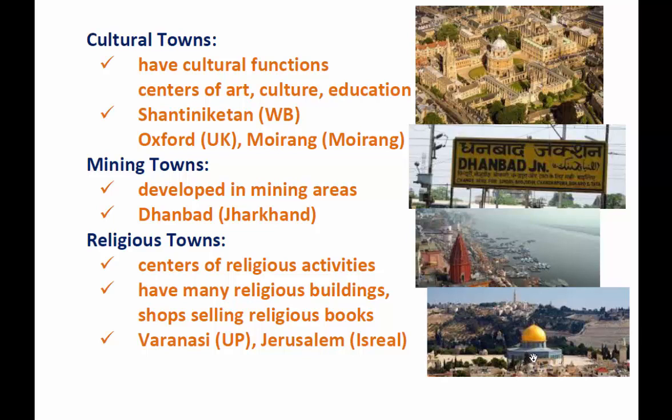All the Christian religion is, so to say, developed from this very place. In a religious town they have many religious buildings, as well as many shops selling religious books, religious symbols and religious replicas and all. So this is what we call religious towns.